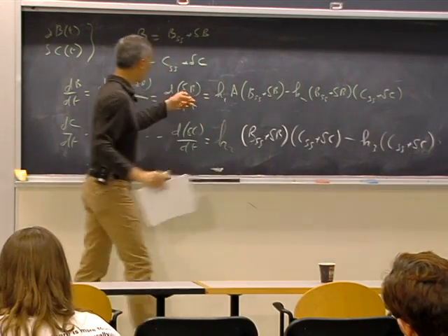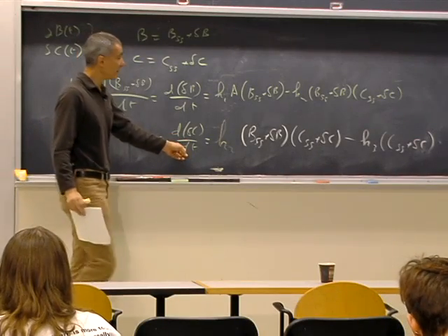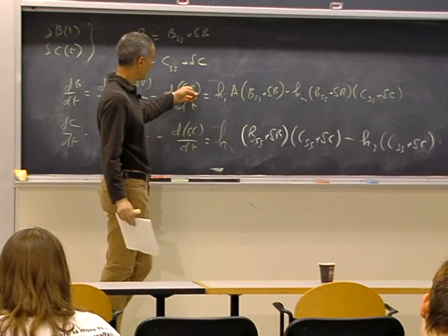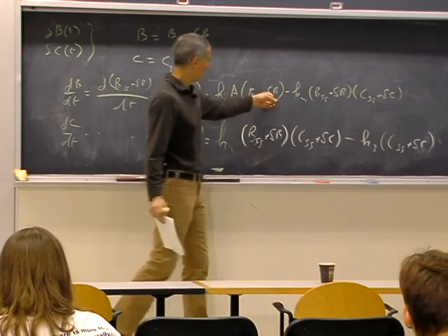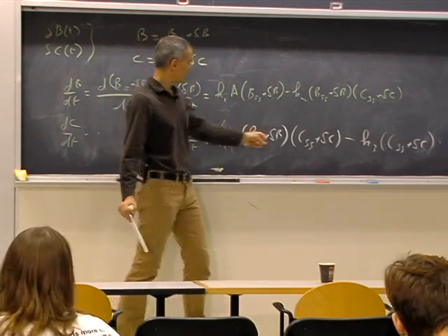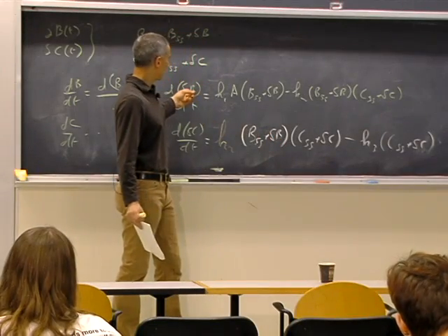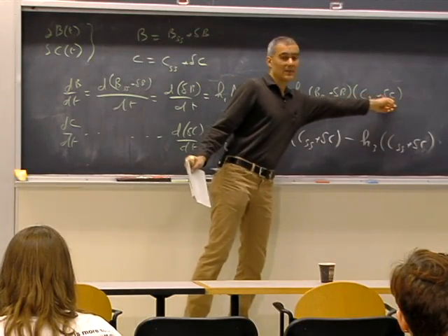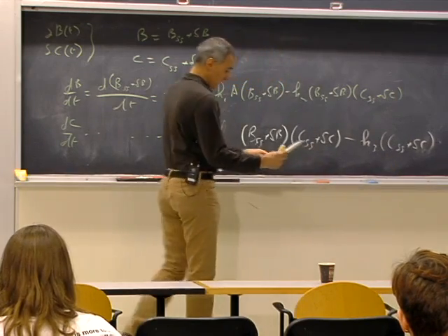Okay? So these are two differential equations, and they're coupled differential equations because delta B is occurring here, here, and here. So the time derivative of delta C depends on delta B, and the time derivative of delta B depends on delta C. Okay, so it's a coupled system.